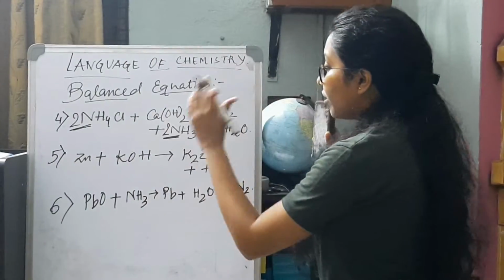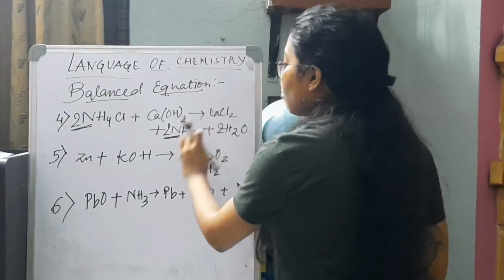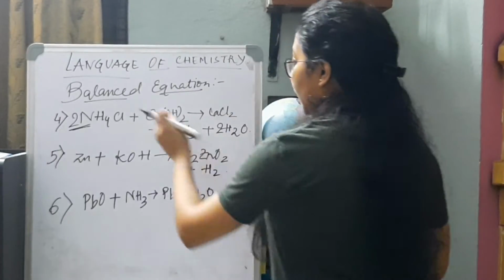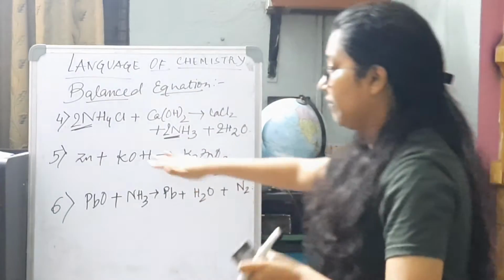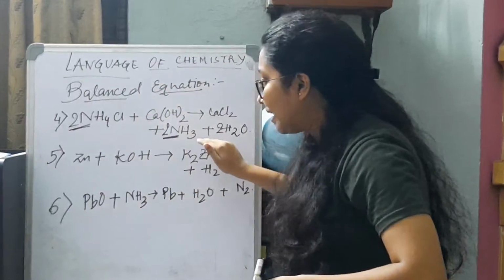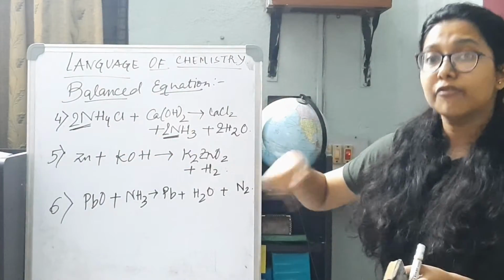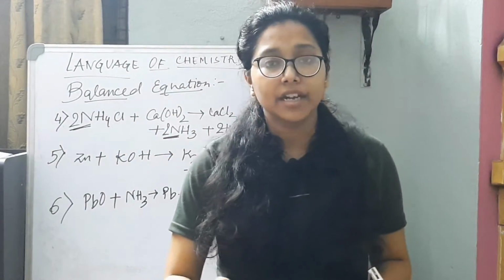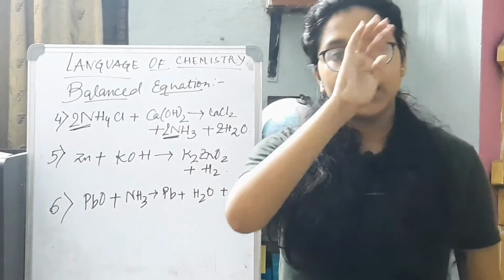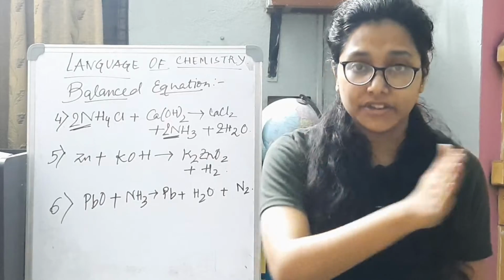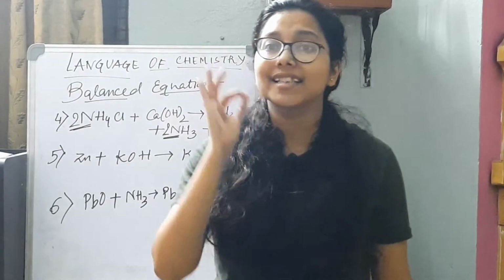Start from the first atom. Don't go haphazardly. The first most important tip: start from the first one and always ensure that even if the next ones are getting balanced, the first one stays balanced. Even after the balancing of the second, third, and fourth elements, the preceding ones should stay balanced.